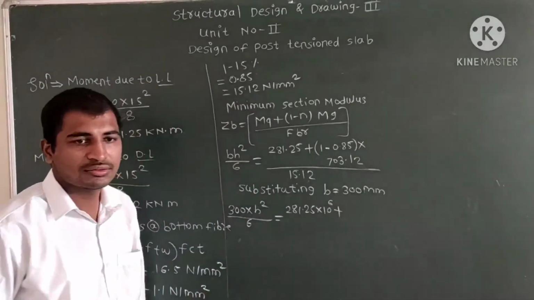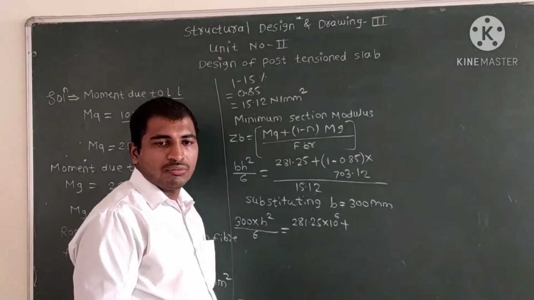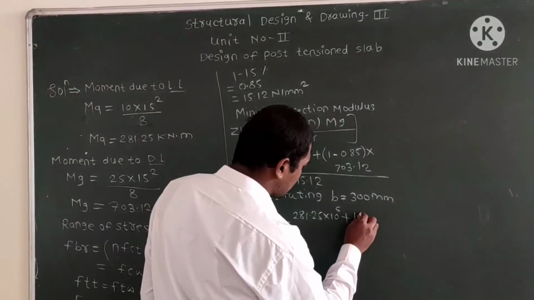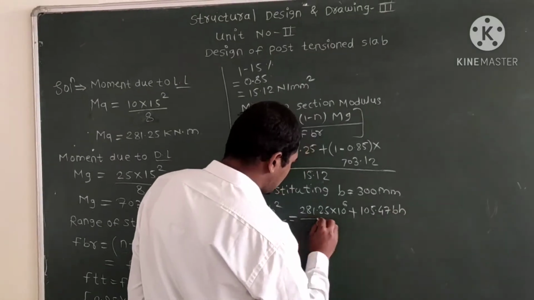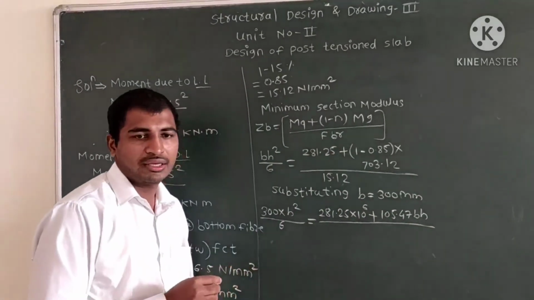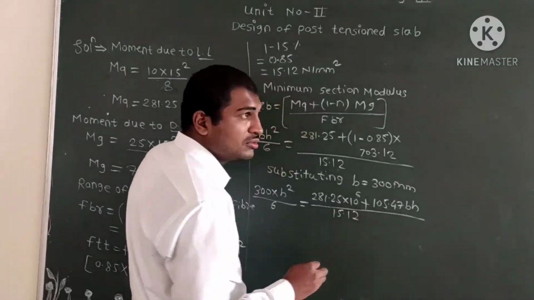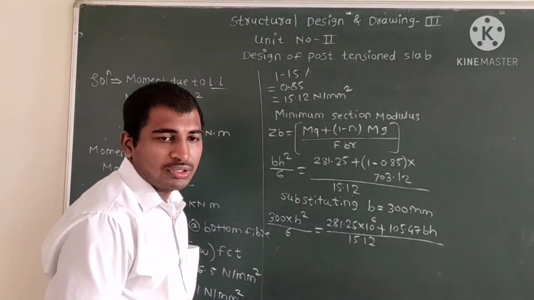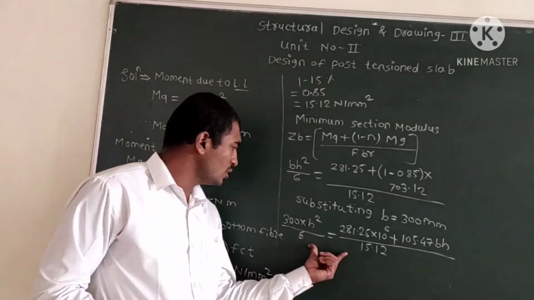plus 105.47 BH divided by 15.12. Then calculate these two terms.